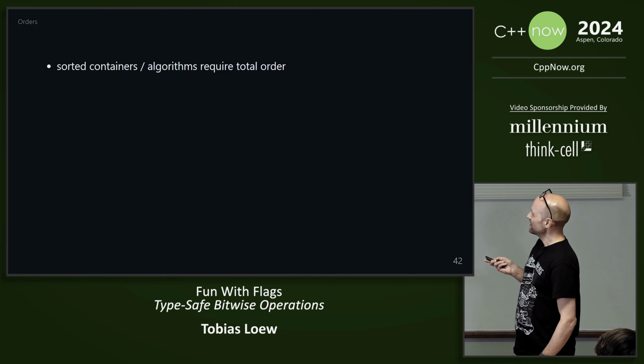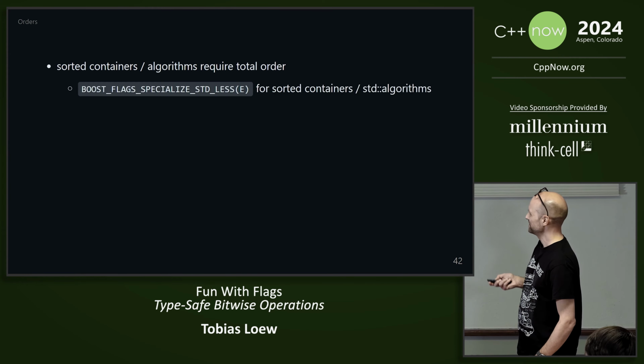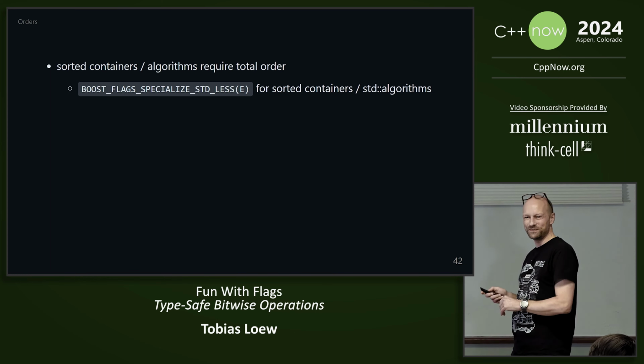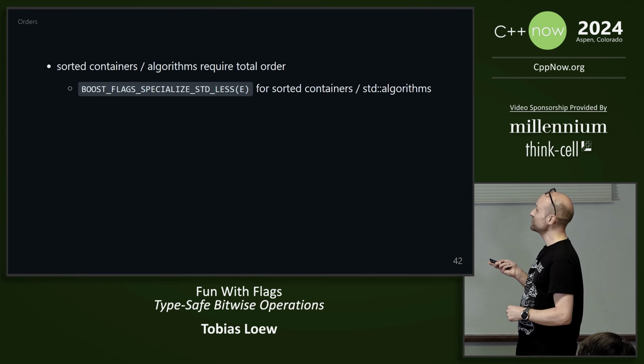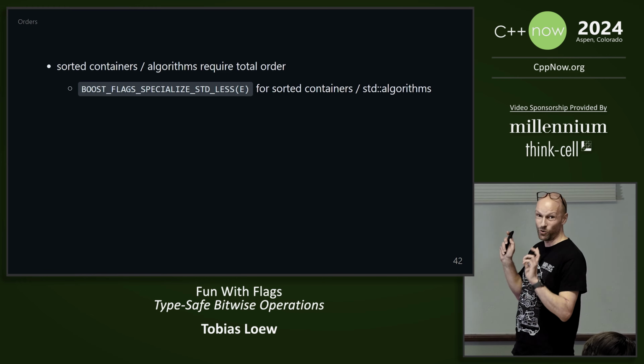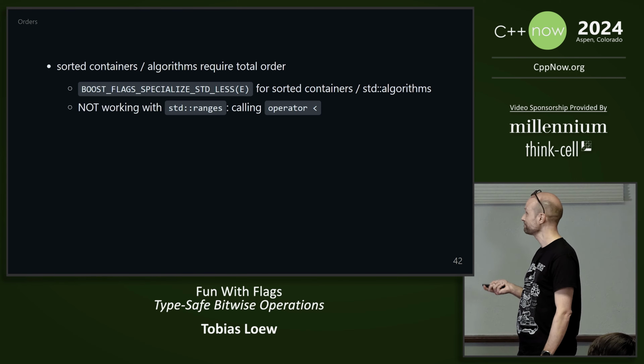So sorted containers and algorithms require a total order. So there is a macro in the library which you can put on, it's optional, which would specialize your flag set for std::less. And then it will be picked up by sorted containers and old standard algorithms.